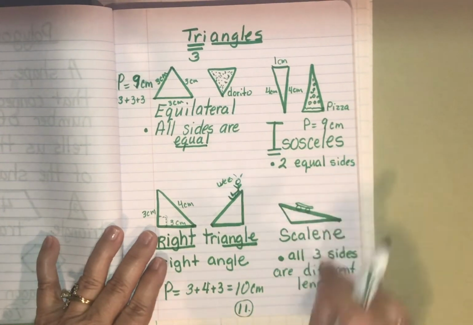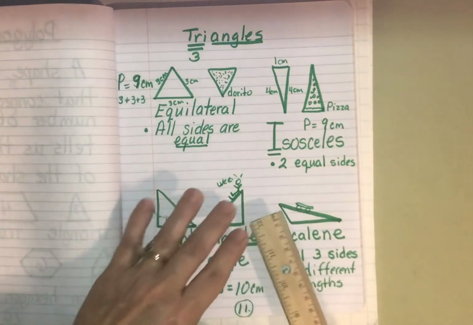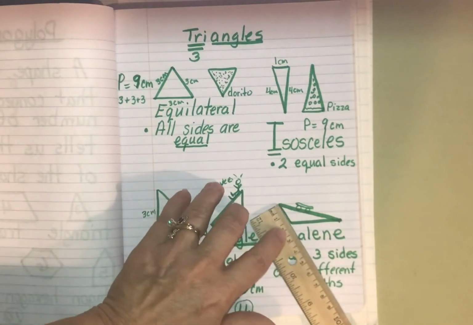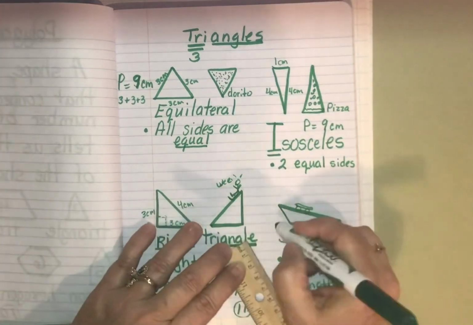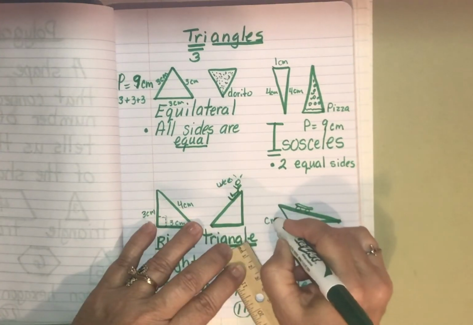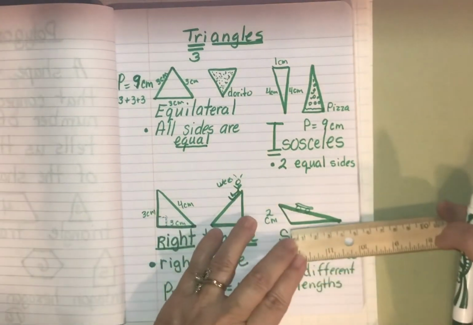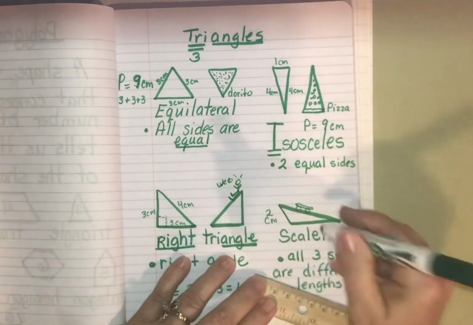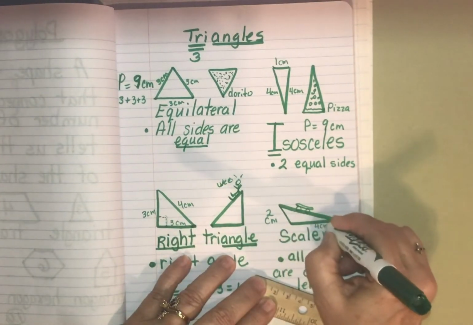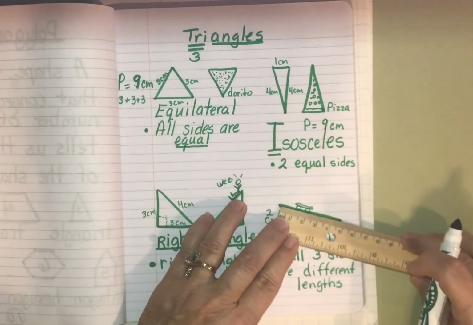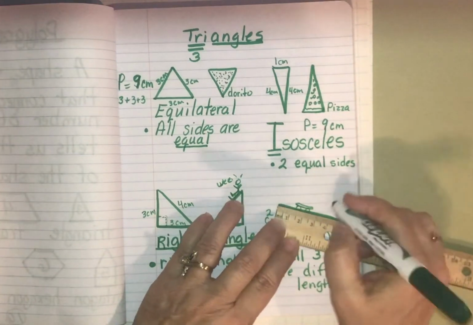Now let's figure out the perimeter. All 3 sides should be different. This one is about 2 centimeters. This one over here, 4 centimeters. And this one, 5 centimeters.